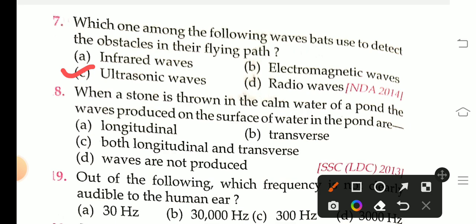Next, when a stone is thrown in the calm water of a pond, the waves produced on the surface of water in the pond are. Right answer will be option B. Transverse.